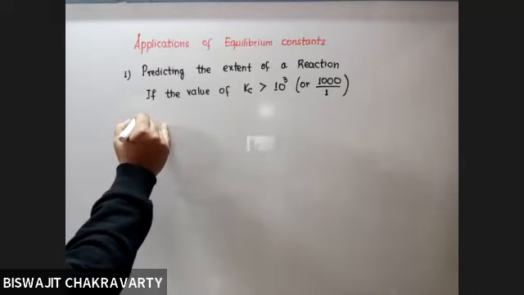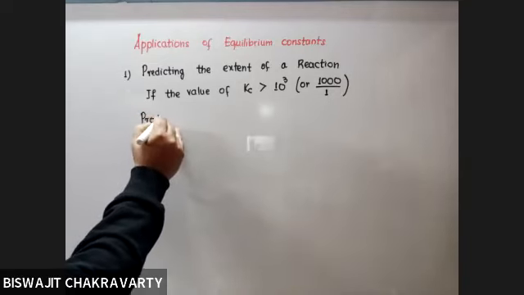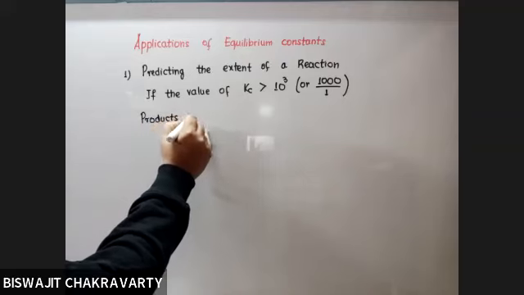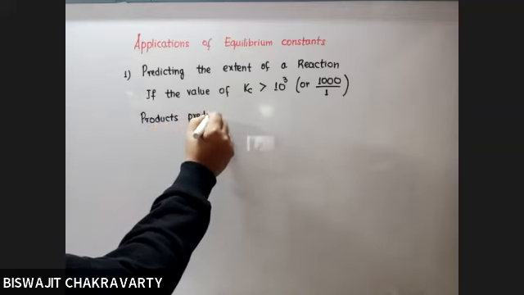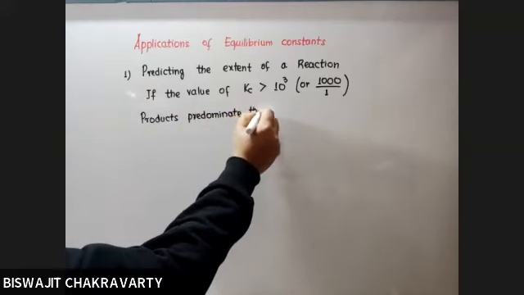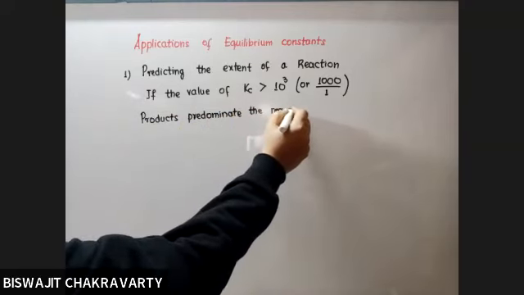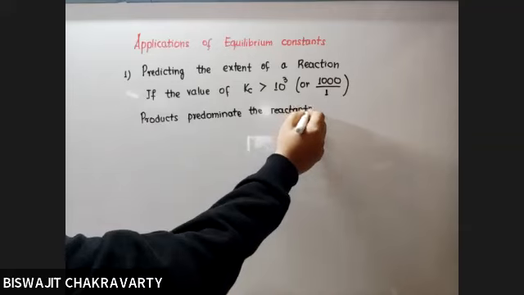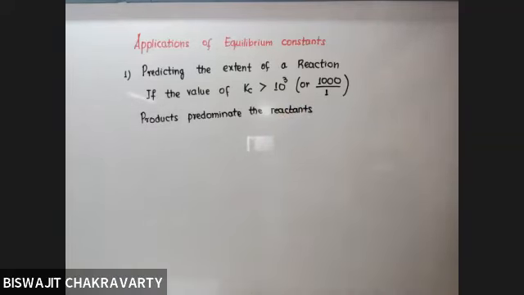Products predominate over the reactants, meaning the amount of products is much greater than the reactants when equilibrium is achieved.